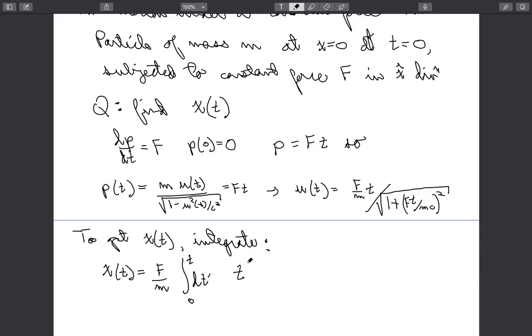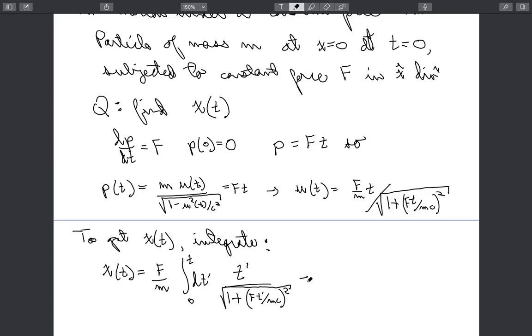So I've got t prime divided by the square root of 1 plus F t prime over m c, all of this squared, and then the square root.